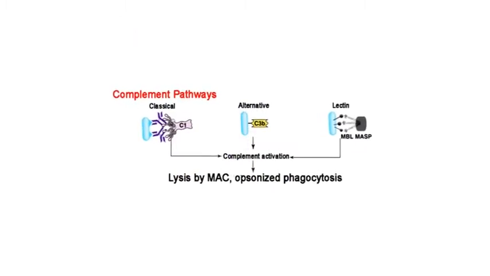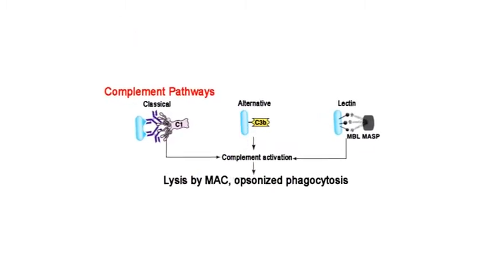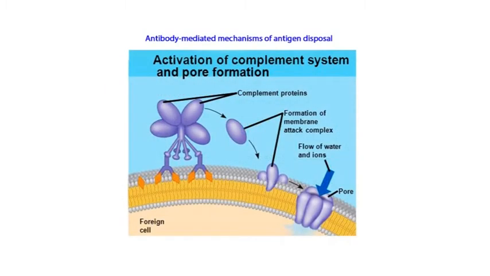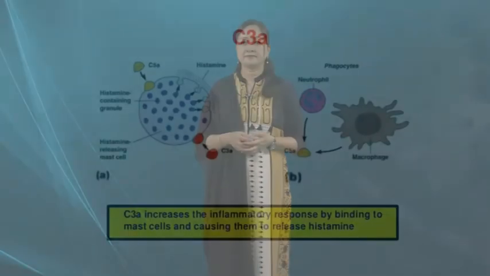Extracellular bacteria can also activate the complement system, which causes complement-mediated lysis of the bacteria through the formation of membrane attack complex or MAC by the activated complement proteins. Antibody-mediated complement activation can produce many immune effector molecules that can amplify and develop a more effective immune response.